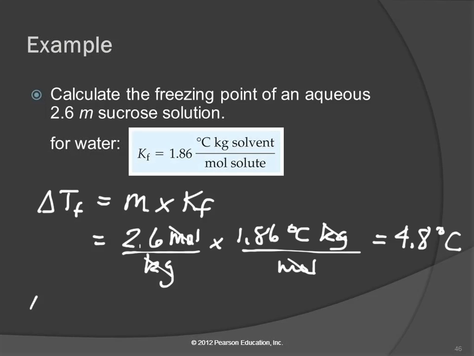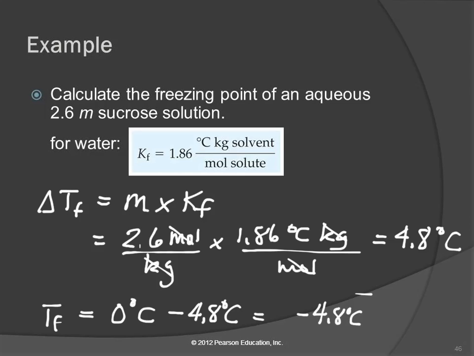So Tf, the final temperature, is going to equal the regular freezing point, and we'll subtract the change because it's going down. So that means it will melt at minus 4.8 degrees Celsius.